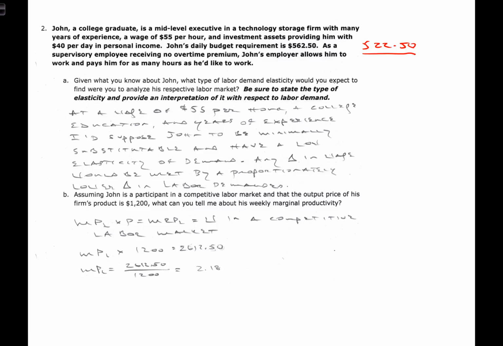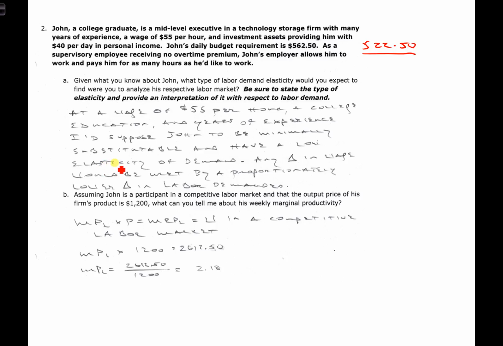So we come up to the first question, and that is, given what you know about John, what's his labor demand elasticity going to look like? And we're going to analyze this and be sure to talk about the type of elasticity and interpret it with respect to labor demand. So I'm suggesting here in my answer that at $55 an hour, college graduate, years of experience, John's very minimally substitutable, and he's probably got a very low elasticity.